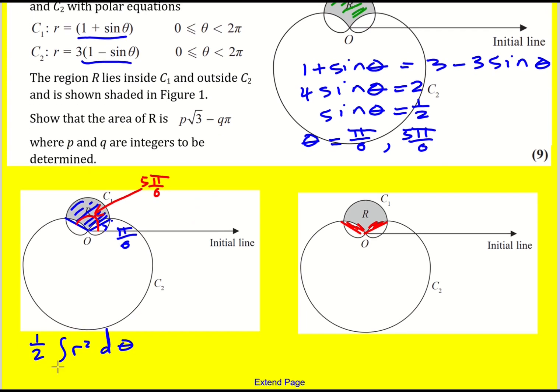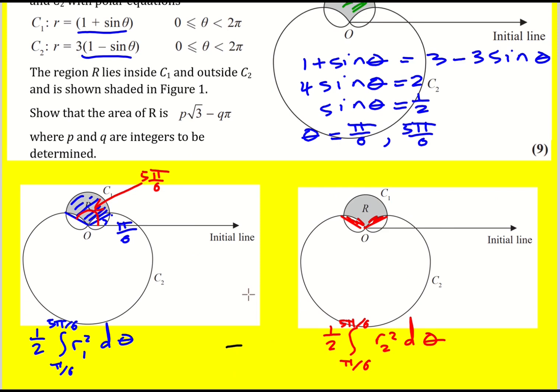And we're going to be integrating between pi over 6 and 5 pi over 6. That will give us that blue area. And then we're going to be doing exactly the same thing over here. It's just a different r. Same limits. But I'll just call this one r2 and this one r1. And then we're going to subtract them.